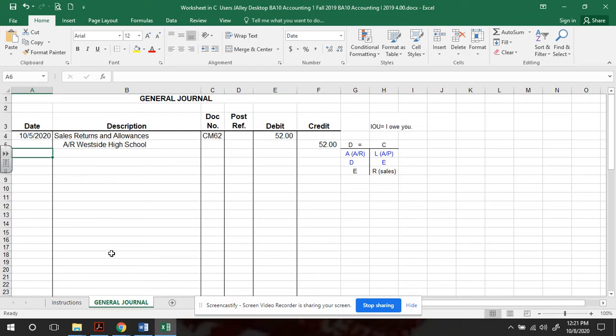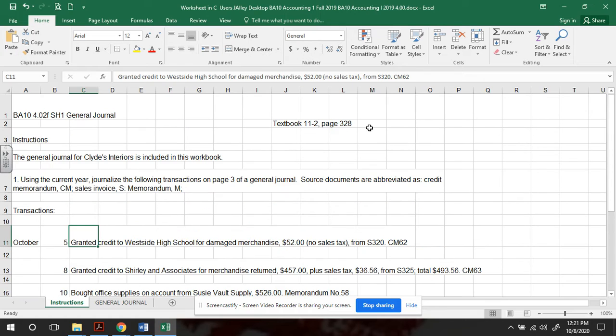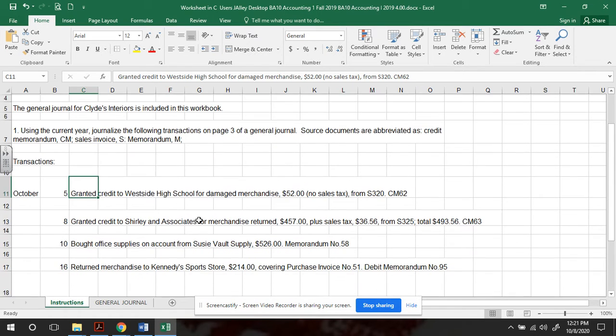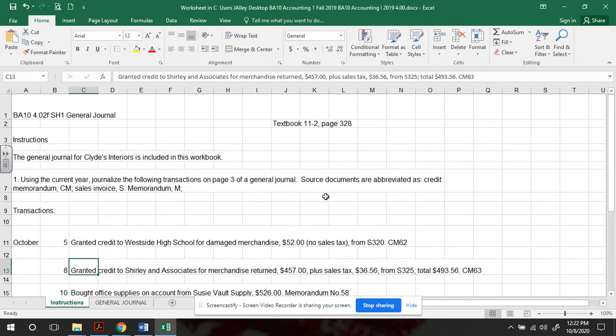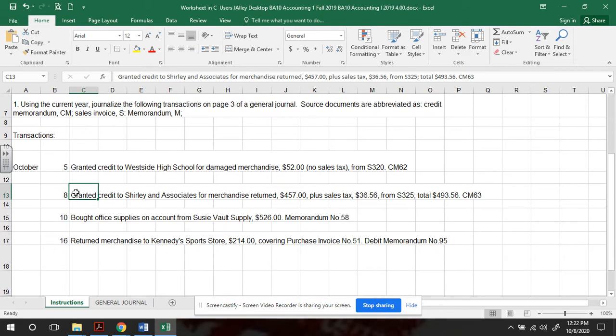If you didn't understand that, you can go back and also look on page 328. So this one on the 8th is exactly the same as right there on page 328. So on the 8th, we gave credit back to Shirley & Associates for merchandise of $457.